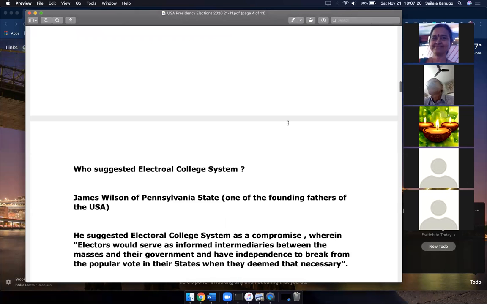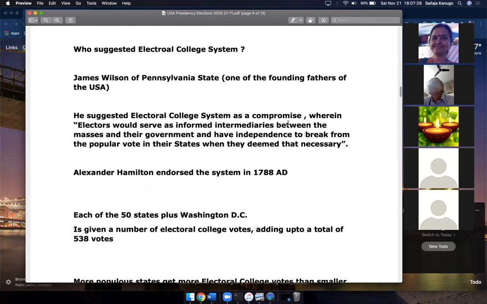Who suggested the electoral college system? If you go back to the history of the USA, the framers of the USA Constitution, this is where we trace the electoral college system.